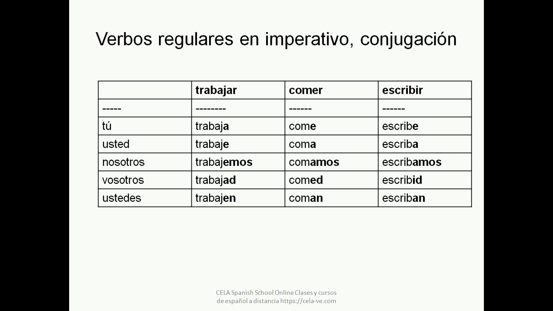This will also happen in present subjunctive mood. The negative imperative and the present subjunctive have the same conjugation. Therefore, I recommend that my students learn the imperative first before beginning the subjunctive.